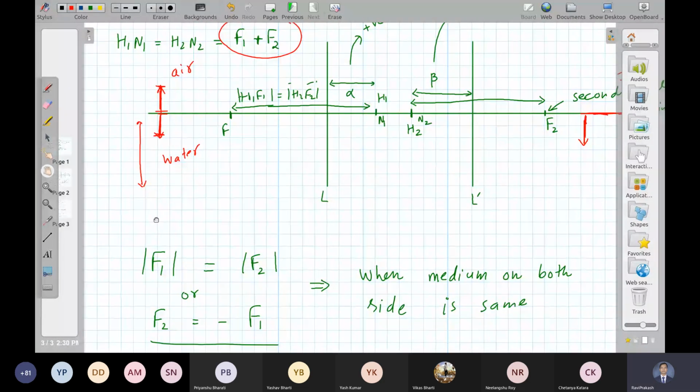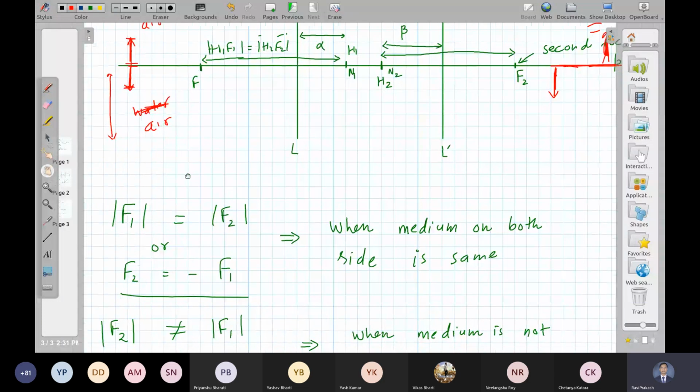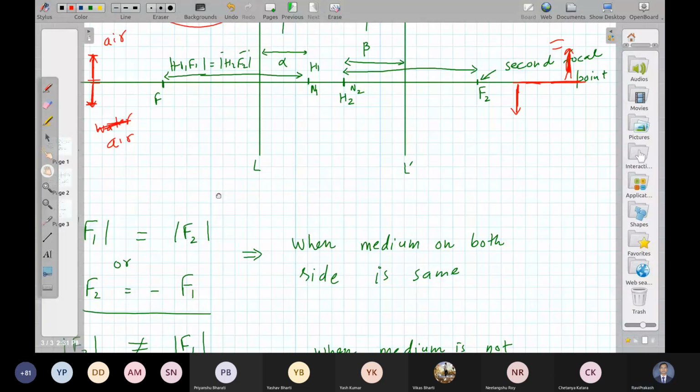Now, what is U here? मान लीजिए ये आपका ऑब्जेक्ट है, यहाँ पे भी एयर मान लीजिए. How do you define U? If you want to use this formula for location of image, what is V, what is U? सिंगल लेंस में तो U होता था आपका लेंस के सेंटर से इमेज तक की दूरी या ऑब्जेक्ट तक की दूरी.